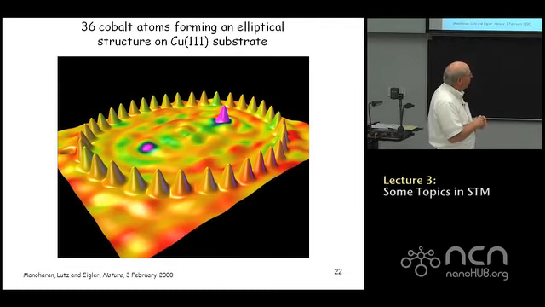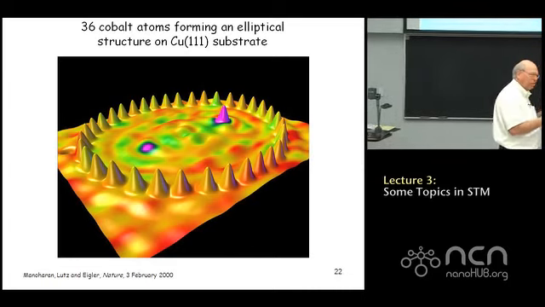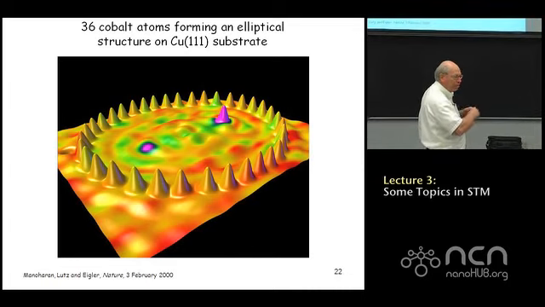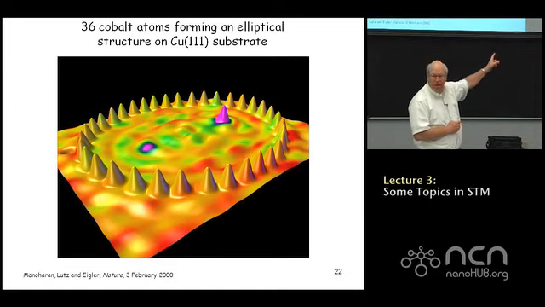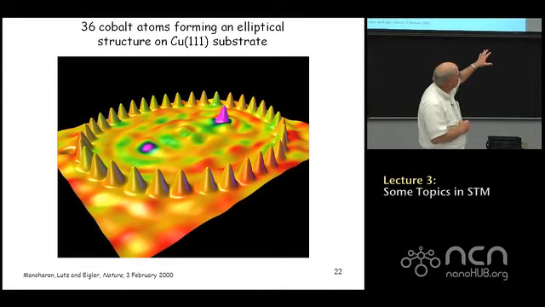And then to mimic the experiments that probably are obvious to everyone by now, they carefully placed another cobalt atom at one focal point of the ellipse, and then they carefully looked, and sure enough, the electron character of the waves that were scattered from that one cobalt atom placed at the focal point of the ellipse was reformed at the other focal point, as indicated by that small purple-colored region.